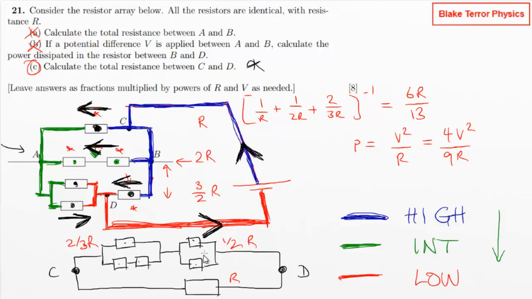So we're now going to have to put these into our formula. So we've got 6/7R plus 1/R. We're going to want to get these over a common denominator. So we're going to end up getting 7/13R. That's going to be our final resistance for all of that.